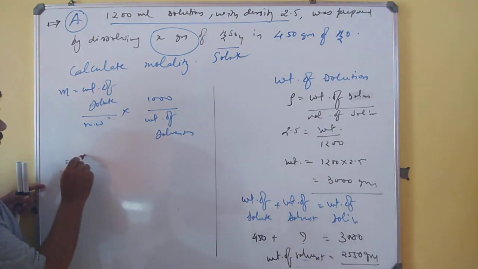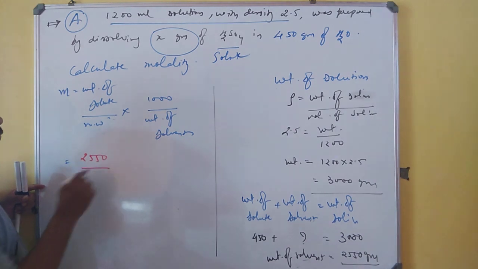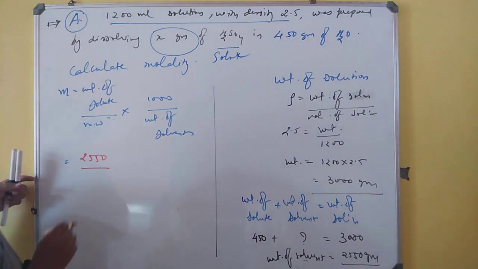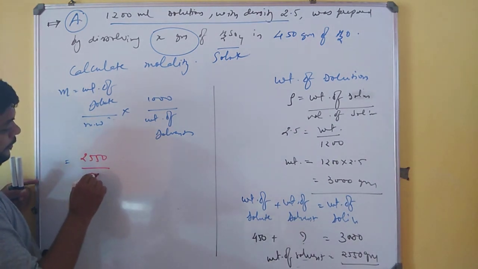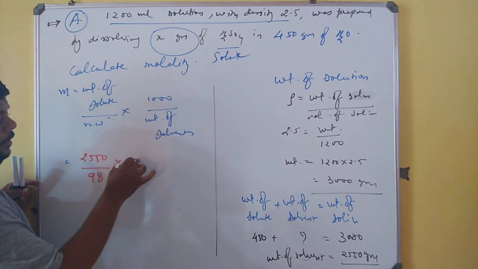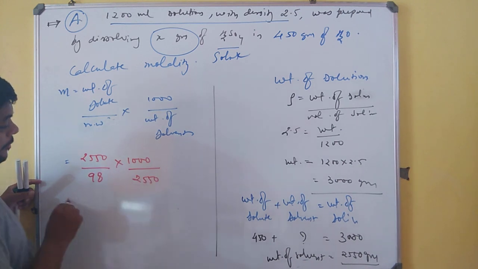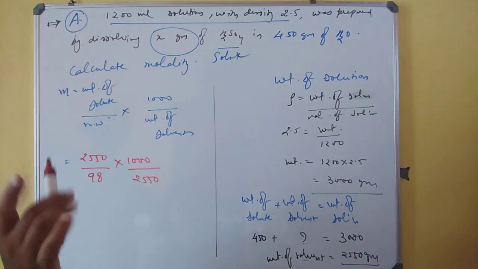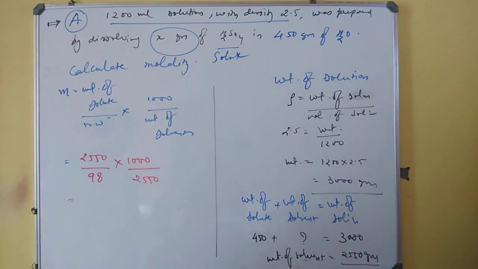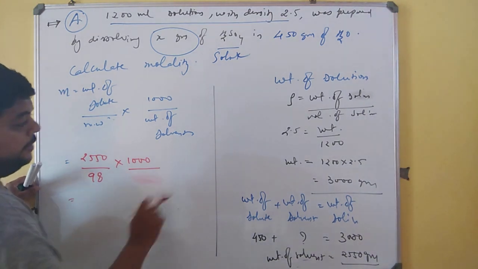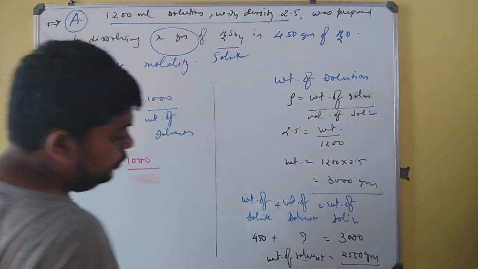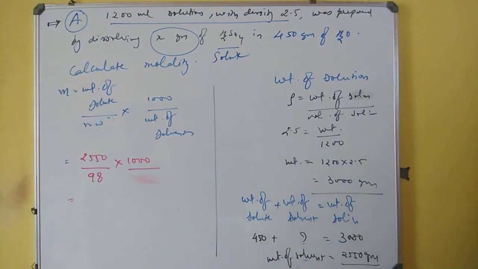Weight of solute is equal to 2550, molecular weight is 98, into 1000, and weight of solvent will be, okay, just a second friends, I might have made a mistake over here.